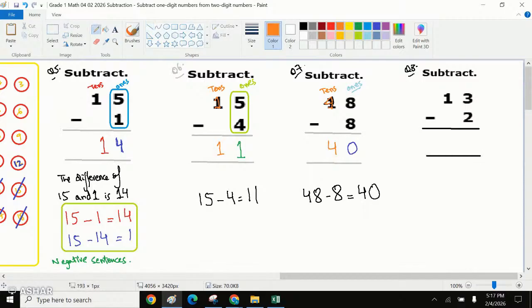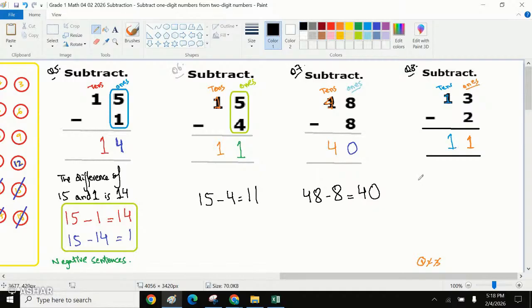The first thing we do is we solve the ones, and we know that 3 minus 2 should be, if you have 3, you subtract 2, you're left with 1. Okay, and in the tens it was 1, which is not subtracting anything, so this 1 comes as it is.